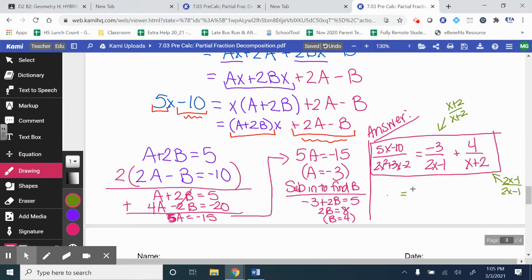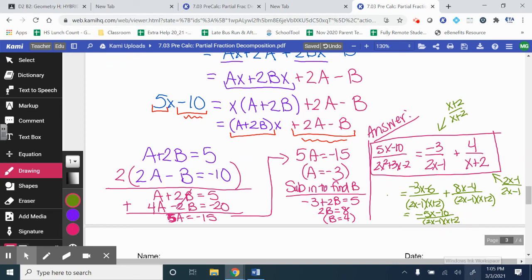It would just keep the denominator. I'd have negative 3x minus 6 if I distribute over 2x minus 1 times x plus 2, plus 4 times 2x would give me 8x minus 4 over the same denominator. And once you have common denominators, you can combine them. So negative 3 plus 8 would give us negative 5x minus 10 over 2x minus 1, x plus 2.